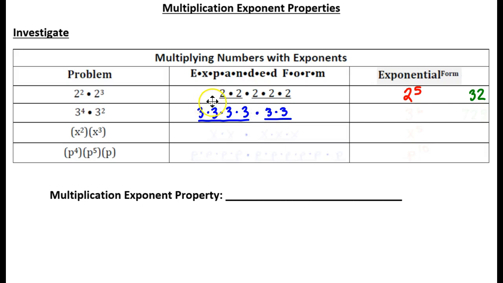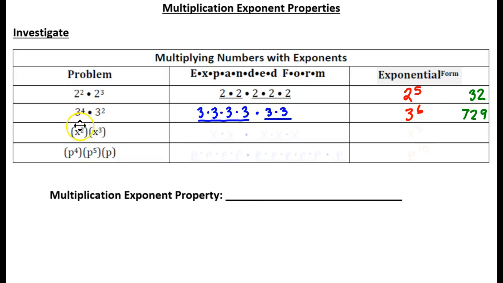So again, we're going to keep the base the same. So 3 will be our base, and then we have a total of 1, 2, 3, 4, 5, 6. So we rewrite that as 3 to the sixth power. Now if we multiply this all the way out, 3 times 3 times 3 times 3 times 3 times 3, we would get a total of 729.